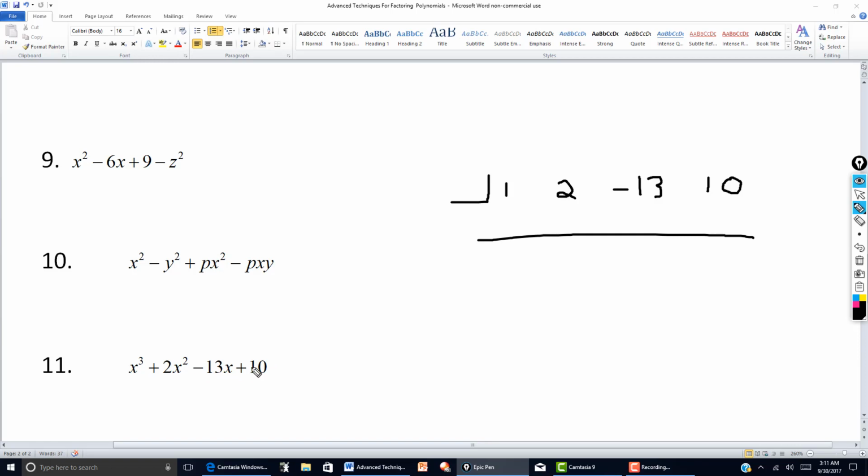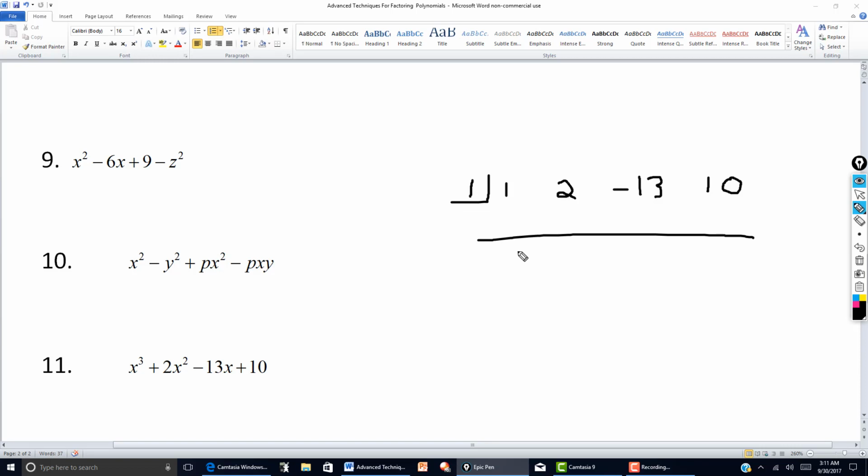So plus or minus 1 could be zeros of this polynomial. Plus or minus 2 could be zeros. Plus or minus 5 could be zeros. Plus or minus 10. Okay? So, in order to find one of these zeros, we just test it out using synthetic division.